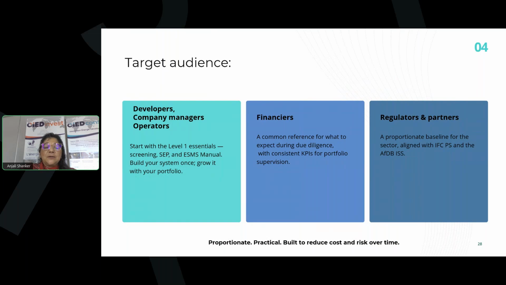And we target also operators. So we really want to be as practical as possible and for practitioners. The basic message being that we try and give easy guidance for level 1 essentials, and then we can grow the complexity, refine once the portfolio grows.